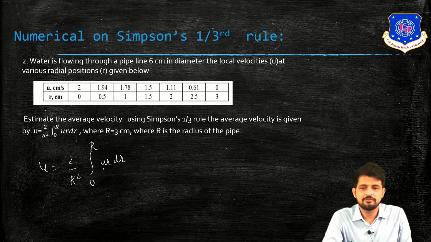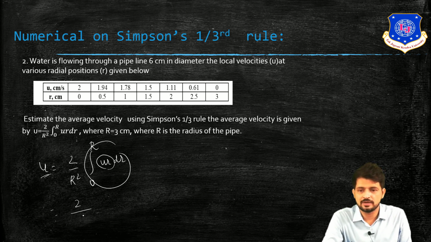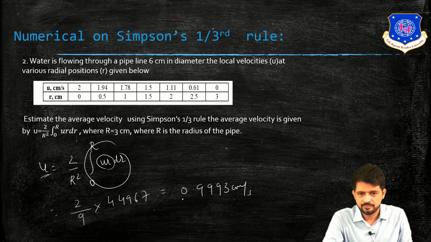First, we found u r. After that, we found the integral. Now we have to find the value of u, so I multiply it by 2 upon r square. What is our r? r is 3, so r square is 9, and the value of the integral is 4.4967. The average velocity after finding this will be 0.993 centimeter per second.